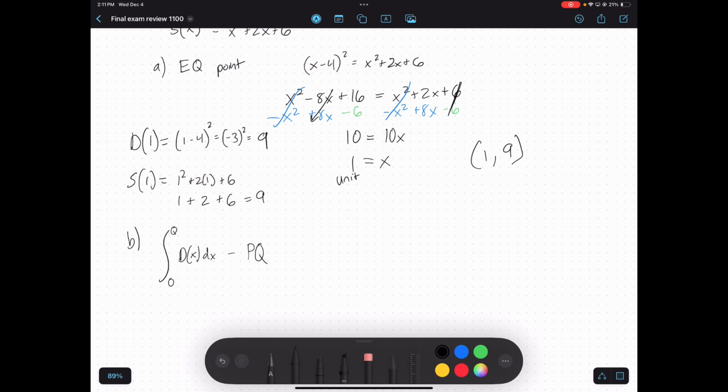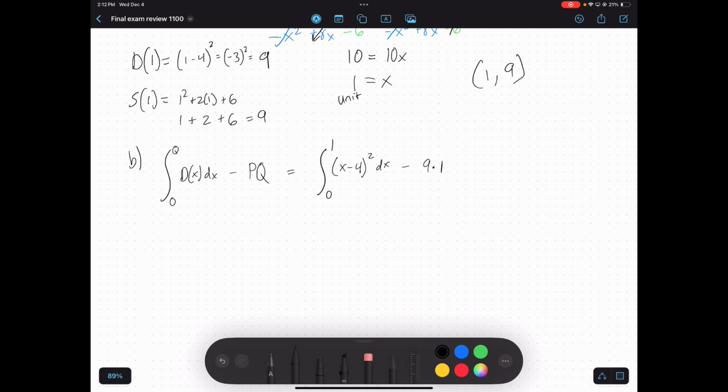Price and quantity. So in our case, what's P? 9. What's Q? 1. So 0 to 1. And then my demand equation, of course, is, sorry, x minus 4 squared dx minus P is 9, Q is 1. So 9 times 1 over there.